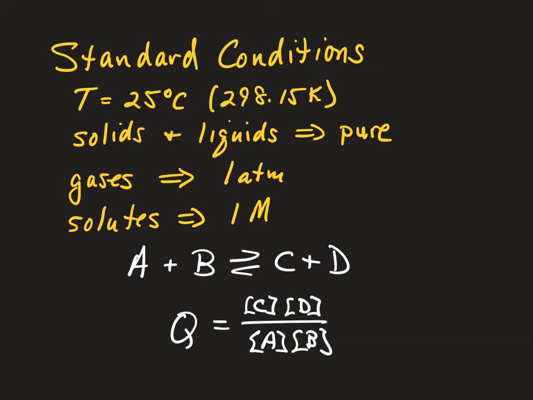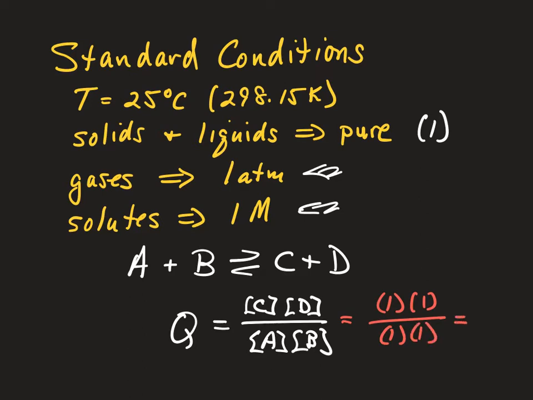Whether we've got solutes, whether we've got gases, or whether we've got pure liquids, and remember their activity is 1, everything in this equation becomes 1. Right? So we're really restricting ourselves to the situation where Q is 1, right?